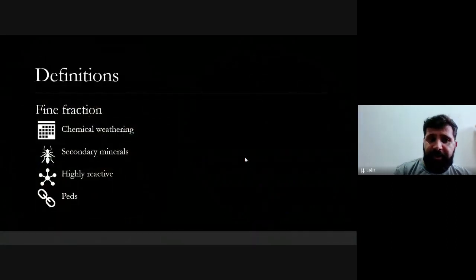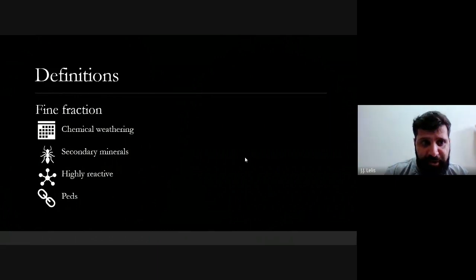The fine fraction is also very important to describe in thin sections. The fine fraction was produced by chemical weathering, and it is composed of clays. So they are generally composed of secondary minerals.